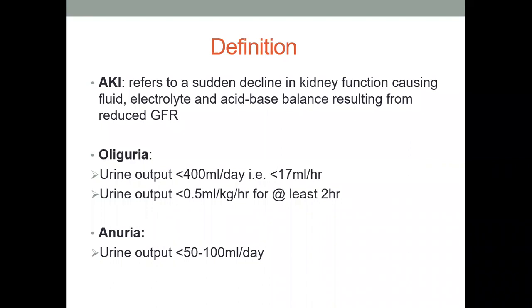Keep this in mind, and this underscores the reason why urine output should be measured hourly. This is important. I see in a number of our units that we wait till the end of the shift to calculate urine output.